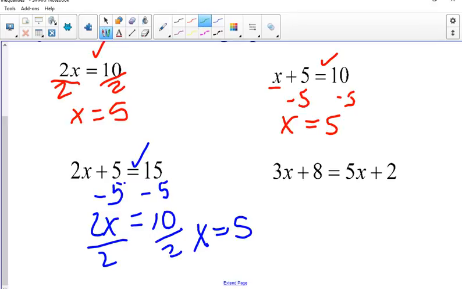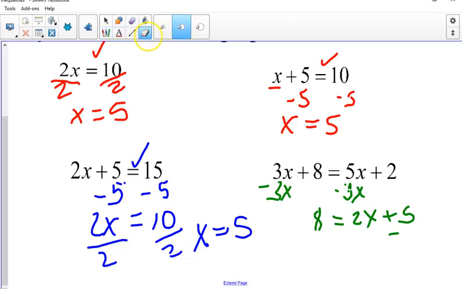If you remember your foldable, it says to subtract the smallest one. So that gives us 2x plus 2 equal to 8. Oh sorry, this is a 2 here as well, plus 2.